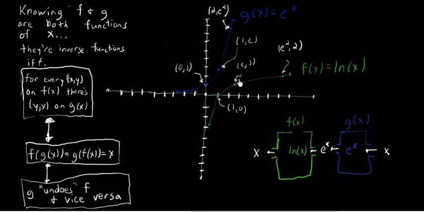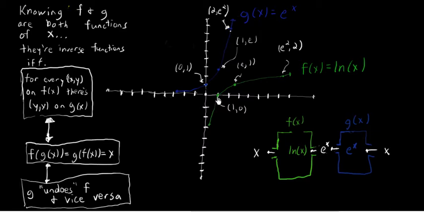Likewise, there's a point (e, 1) on f of x equals ln of x. So you'd expect that there's a point (1, e) on g of x equals e to the x, and there most certainly is. Finally, there's a point (e squared, 2) on f of x equals ln of x. So you'd expect there to be a point (2, e squared) on g of x equals e to the x, and there most certainly is.